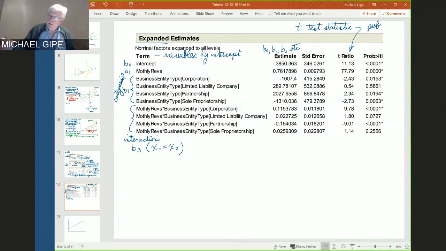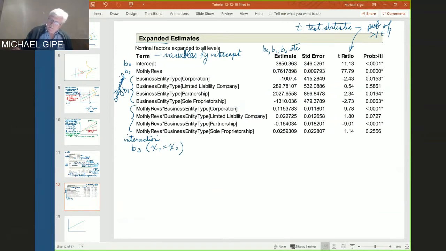So the probability of getting something at this value or more, this value 11 standard errors or more away from zero, if the null could be correct. So again, you're going to be looking for a probability of less than 0.05 for a 95% confidence in your coefficient here.